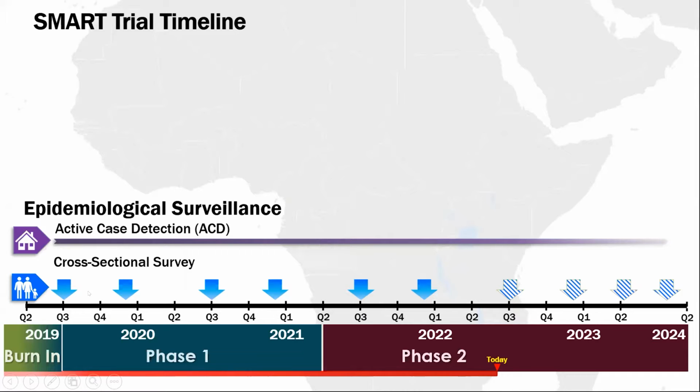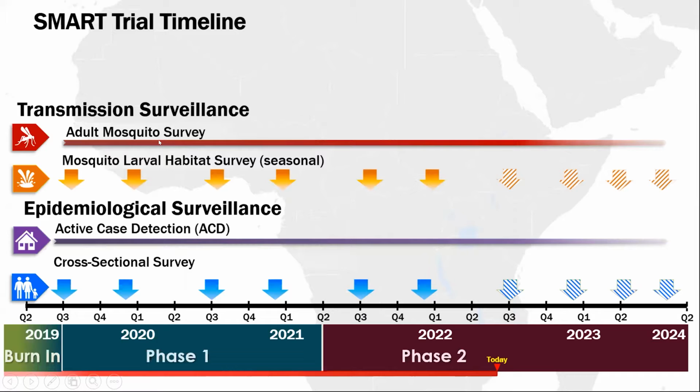For entomological surveillance, we collect adult mosquitoes using pyrethrum spray catch collection and CDC light traps, done on a monthly basis. For larval habitats, we characterize the habitats and also collect larvae, which we do seasonally during the wet and the dry season.